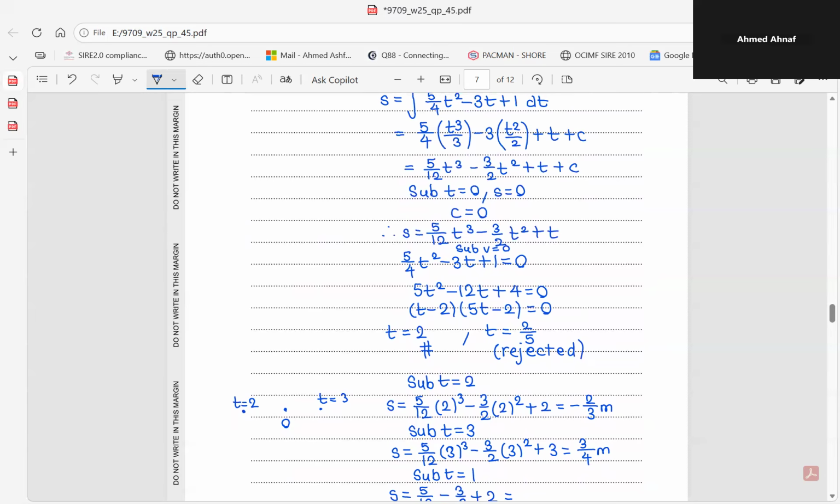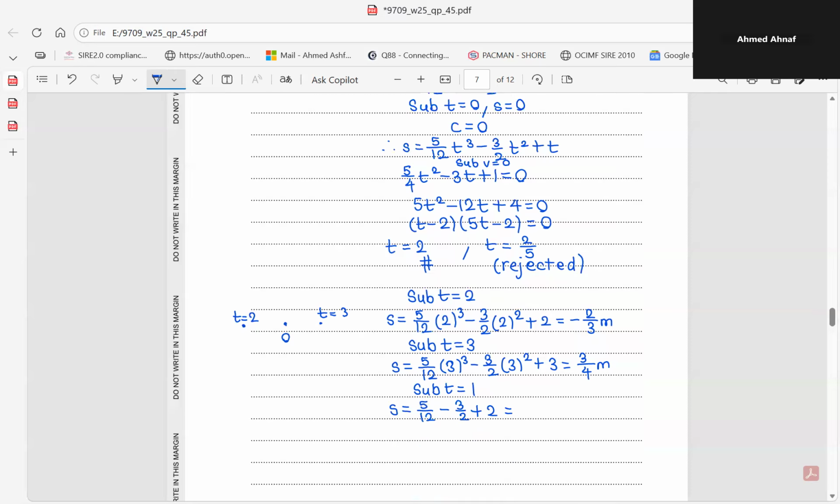All right, so it's just 11 over 12 meters. So 11 over 12 is more than 3 over 4. So t equals 1 is here.